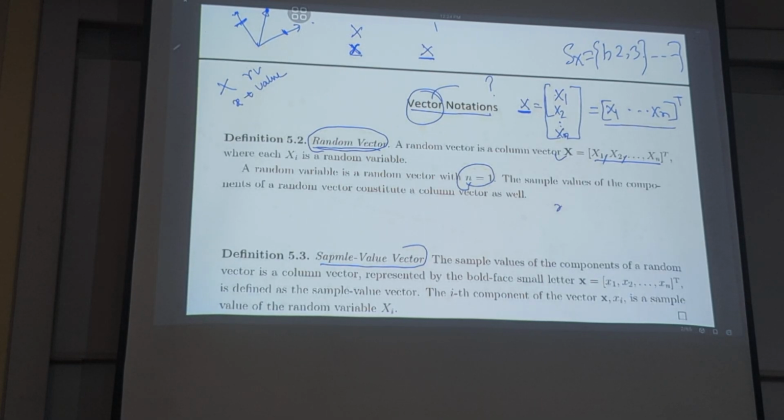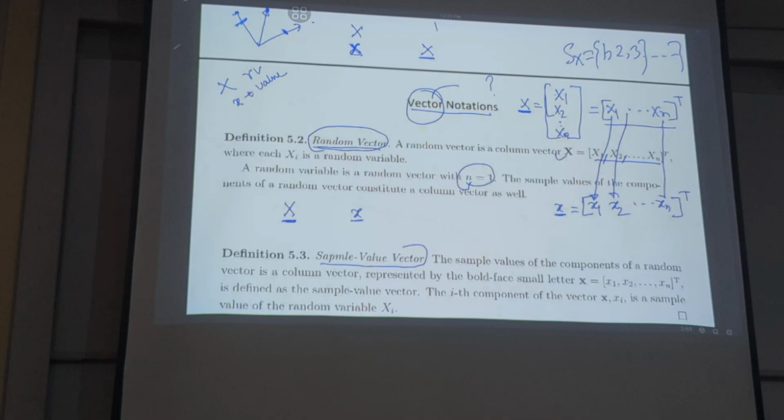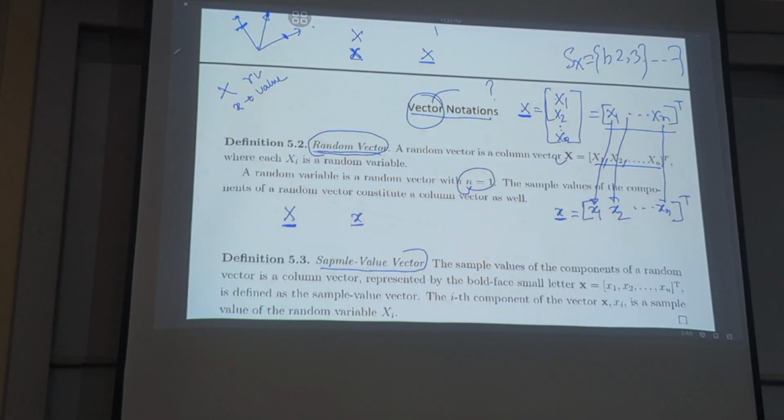For example, this small bold x is x1, the value of the random variable X1, x2 is the value of the random variable X2, and xn is the value of the random variable Xn, and we have a transposition, right? So now we have two things. One is the random vector X, another one is the sample value vector. Both of these two are models, right? Is it clear?